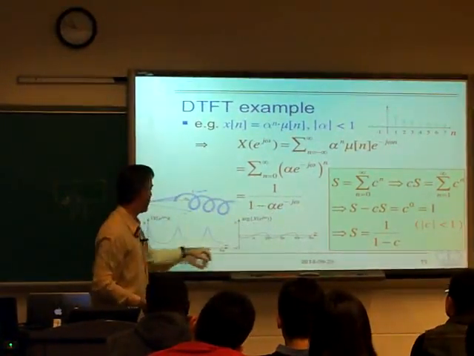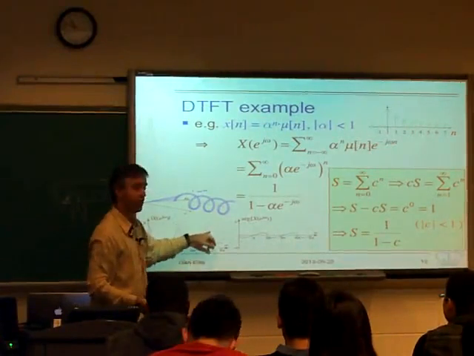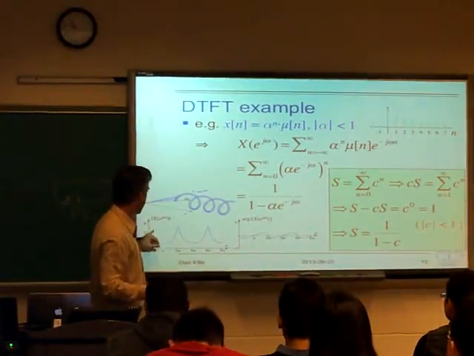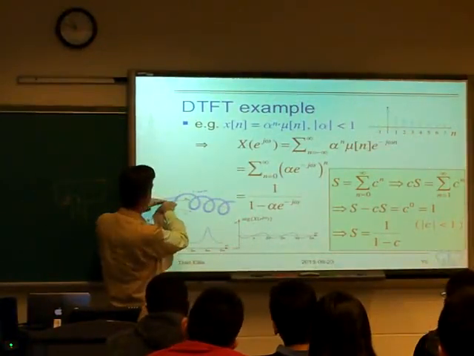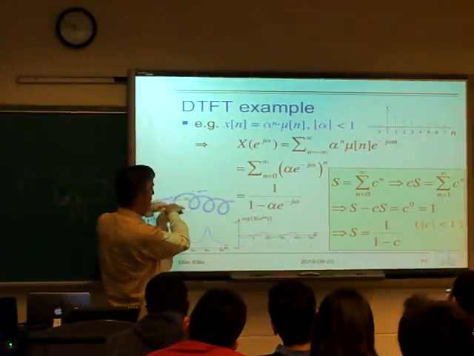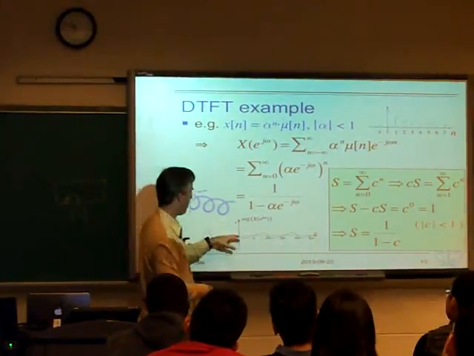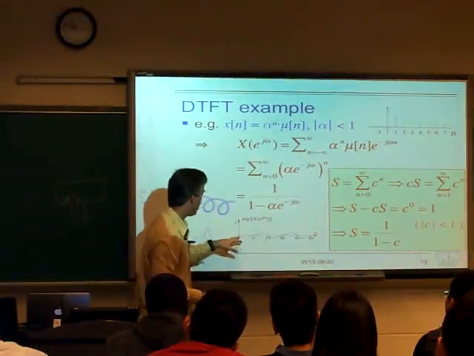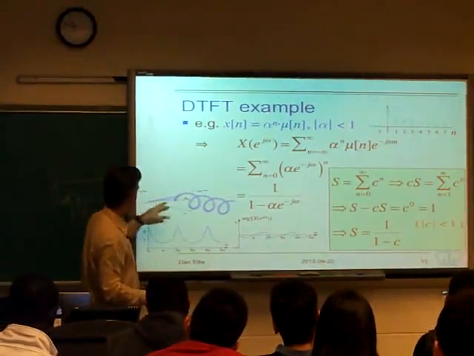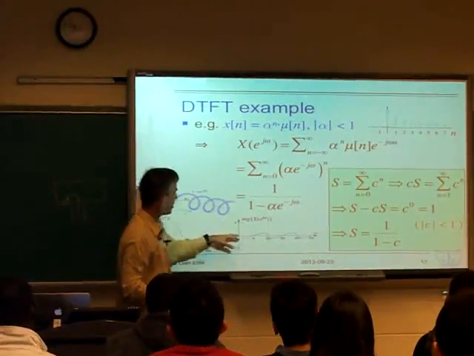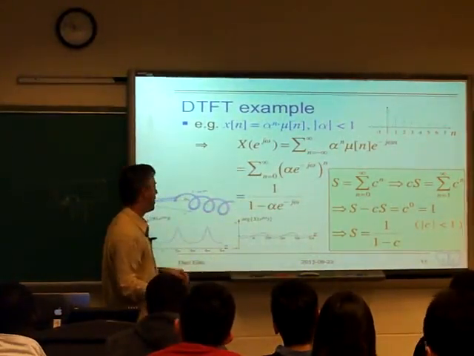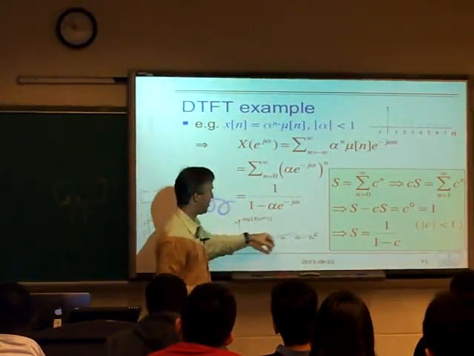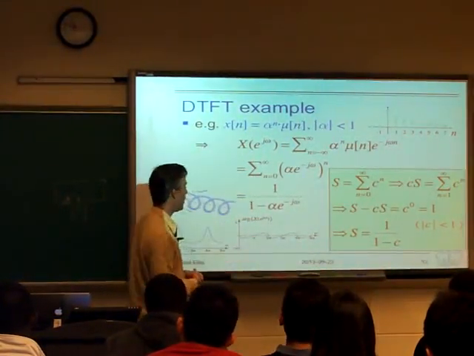As a function of omega, this thing is periodic in 2 pi. That's the magnitude. And here's the phase. Basically, you can see this is going to go up a bit, down a bit, up a bit, down a bit. And so the negative of that will go down and then up and then down and up. It changes rapidly at these points where it's closer to the axis, changes more slowly at the faraway points when it's further away. But we have this phase. And the phase, again, is also periodic in 2 pi in omega.